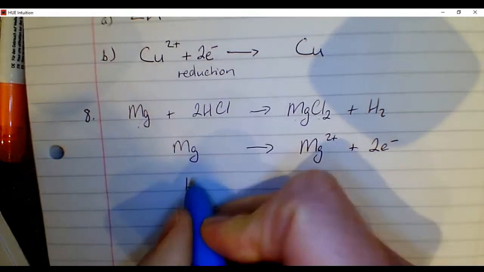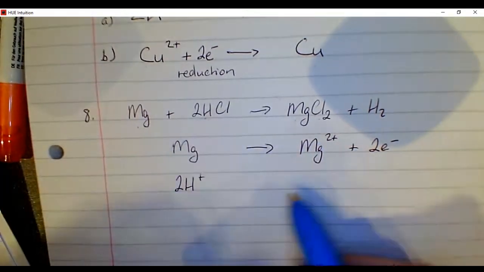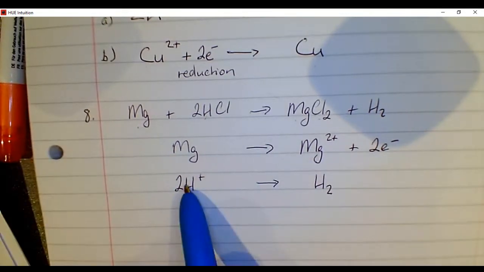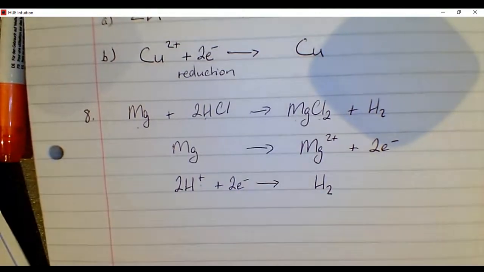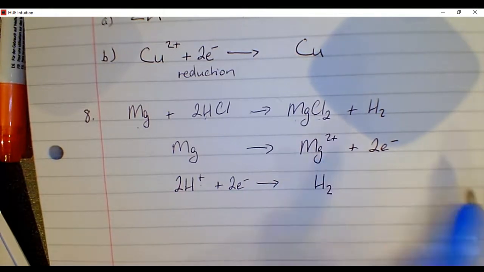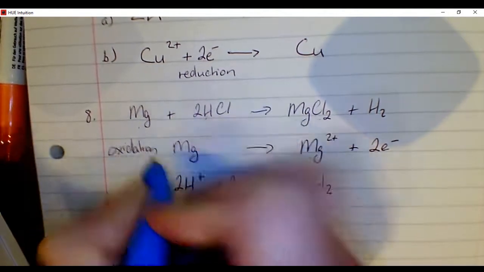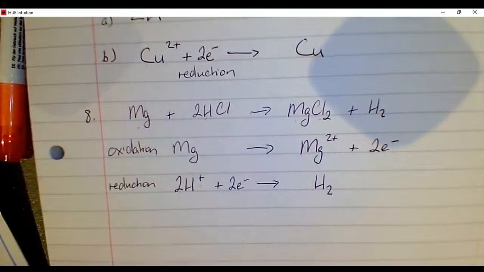So what we've got is 2H+ over here, and H2 over here, and each of these has gained an electron. Okay, so yeah, that's tricky. This one's more straightforward. We have lost electrons, so that is oxidation. And this has gained electrons, so this is reduction.